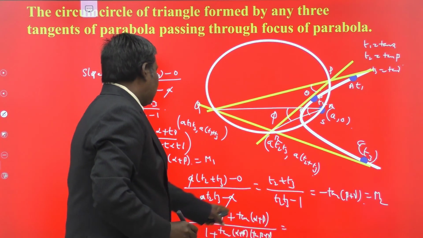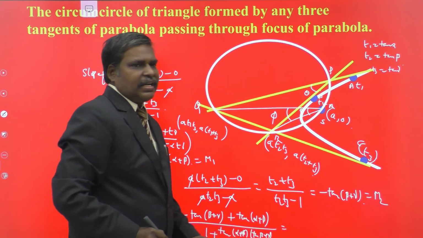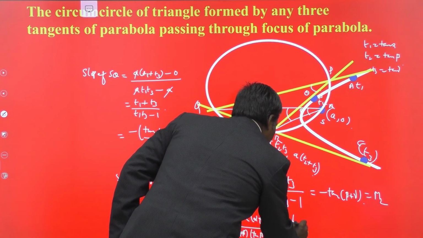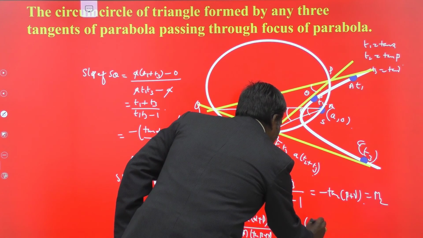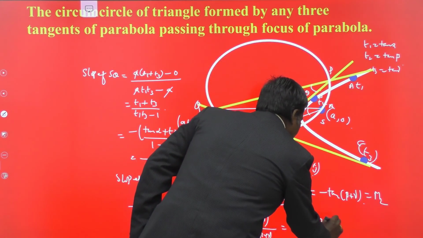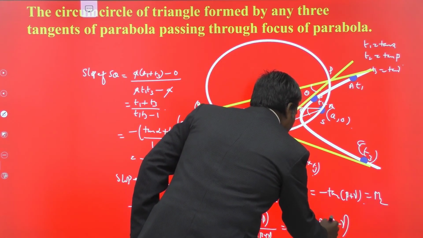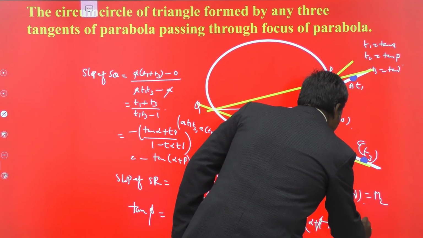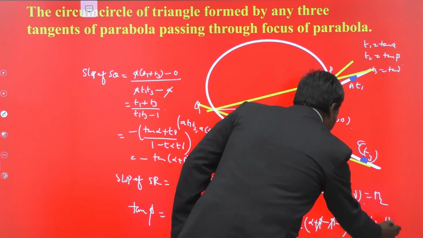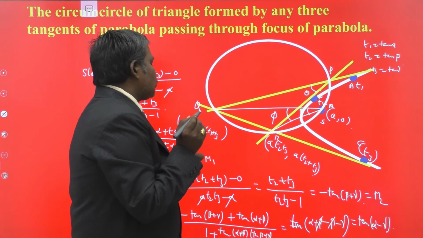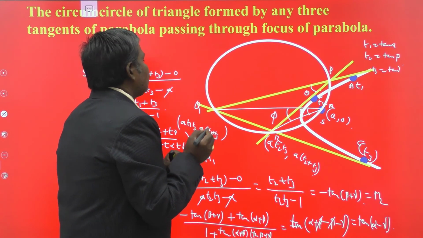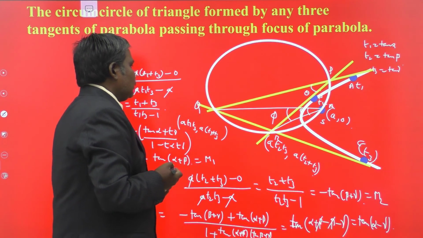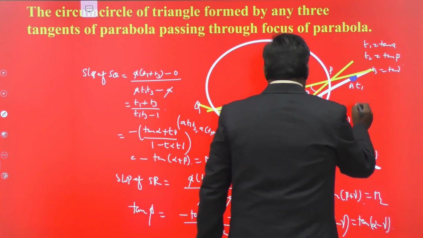It is of the form tan A minus tan B by 1 plus tan A tan B. It is nothing but tan of A minus B. That is nothing but tan of alpha plus beta minus gamma. So this is nothing but tan of alpha minus gamma. So tan phi is equal to tan of alpha minus gamma. Earlier also we obtained tan theta as tan of alpha minus gamma. So both are the same. Therefore tan theta is equal to tan phi.